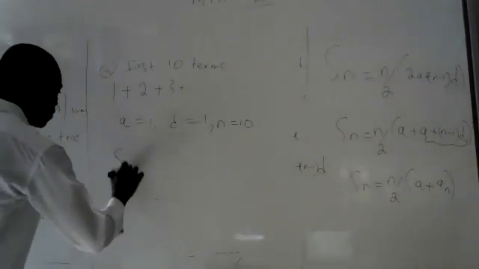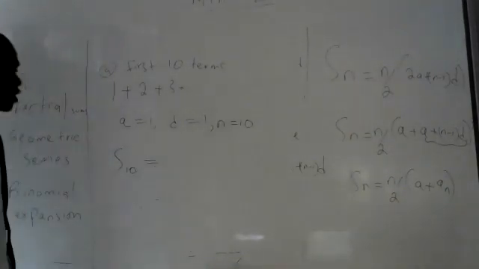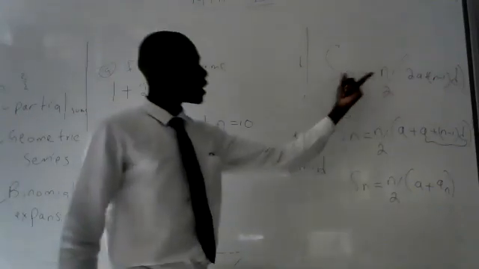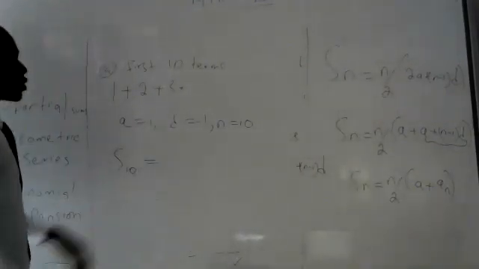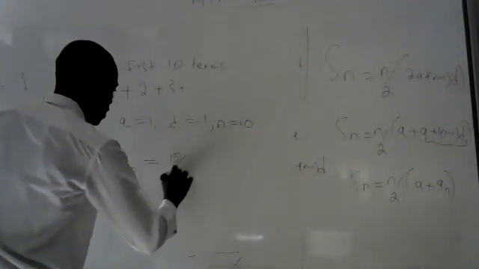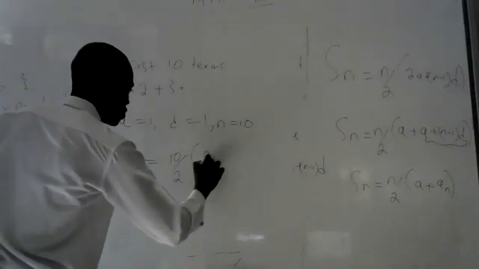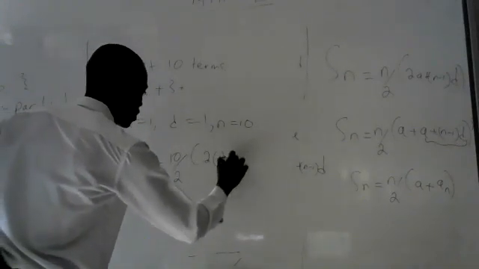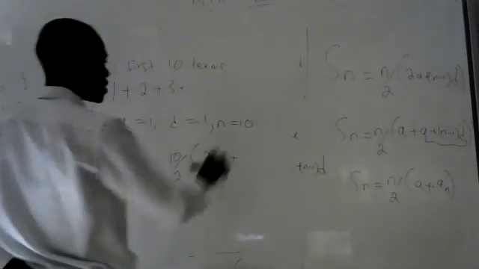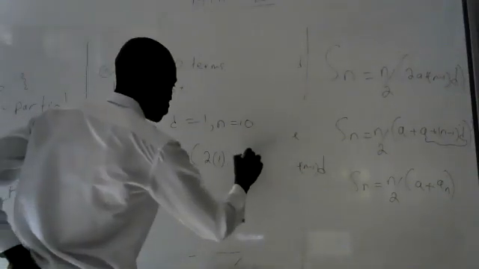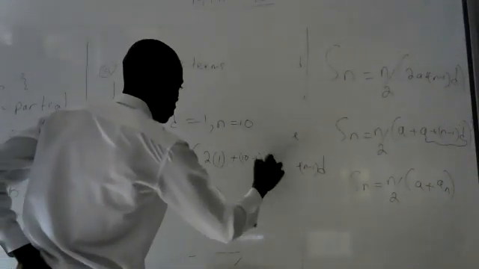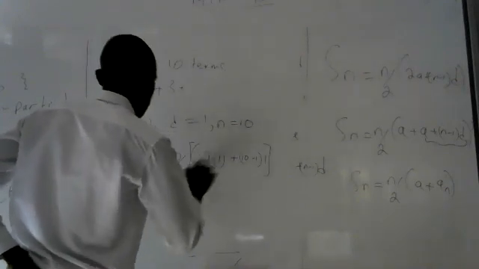So now the sum of the first 10 terms will be, I'm just substituting for where there is n, I put 10. So that's going to be half of 10 multiplied by twice 1, or 2 times a, plus n minus 1. So n is 10, so I put 10 minus 1 times 1.